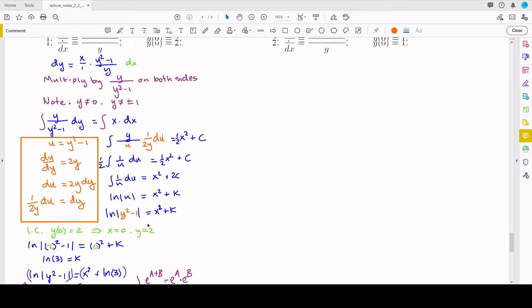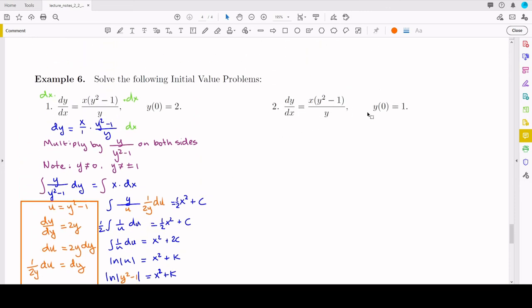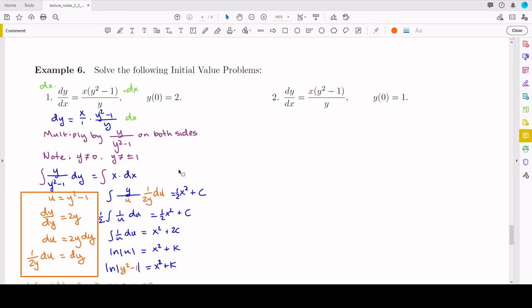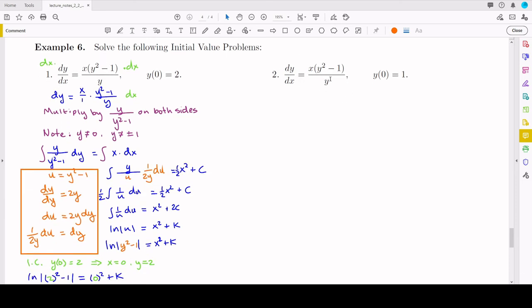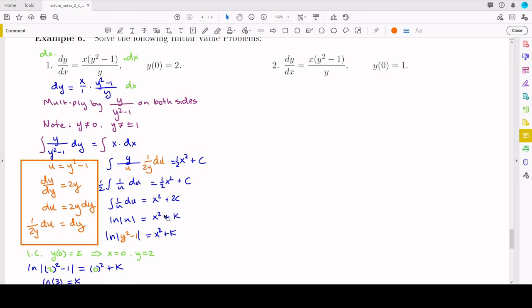Okay, now the next part, the only thing that changes is the fact that we have an initial condition y of 0 equals 1. And so we see from the initial condition that y equals 1, and we noted before that y should not be equal to plus or minus 1, so we can expect some issues there. But since this is the same differential equation, we get the same solution, the initial solution here.